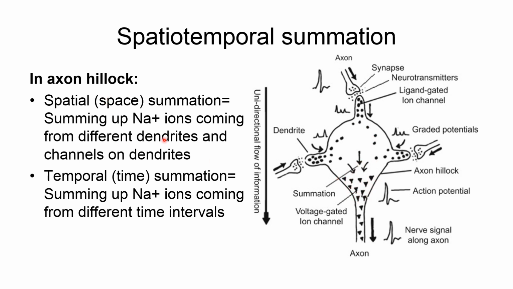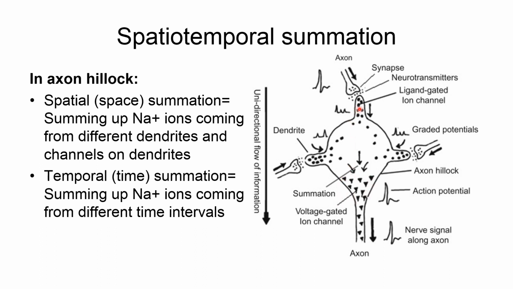So in the axon hillock there are two types of summation, called spatiotemporal summation. Spatial means with reference to space: the ions entering the neuron through different dendrites get summed up in the axon hillock.